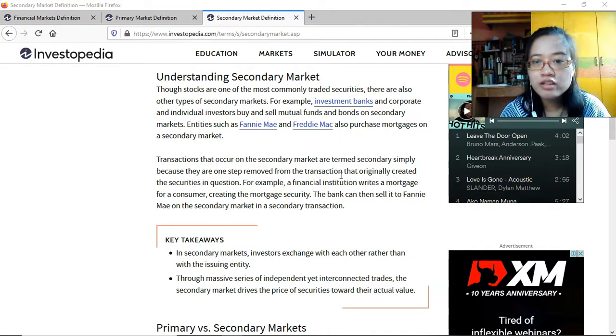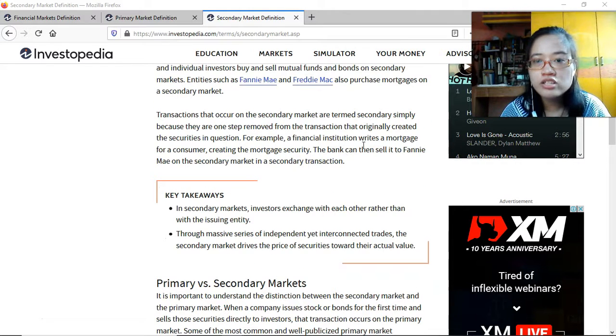Transactions that occur in the secondary market are termed secondary simply because they are one step removed from the transaction that originally created the securities in question. So for example, a financial institution writes a mortgage for a consumer, creating the mortgage security. The bank can then sell it to Fannie Mae on the secondary market in a secondary transaction.